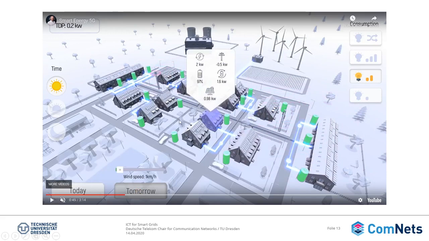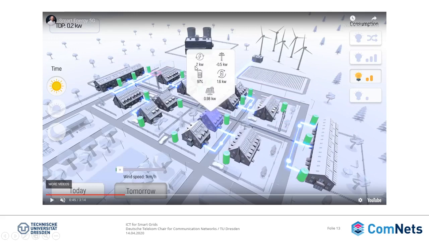So here we see that, for example, this user is generating around 1 kilowatt from solar energy. It has a total power demand of 2 kilowatt. So it generates 1 kilowatt, it uses 1.6 kilowatt from the battery, and it pushes half a kilowatt into the main grid.